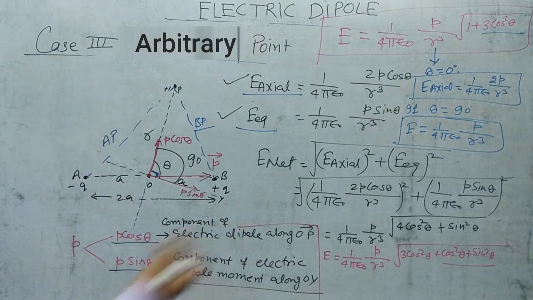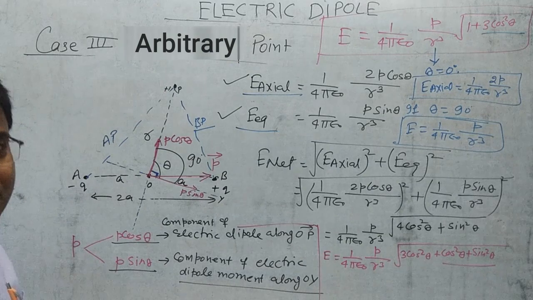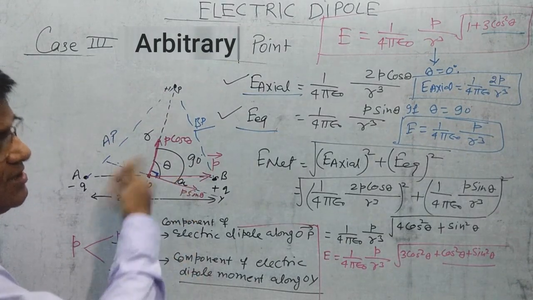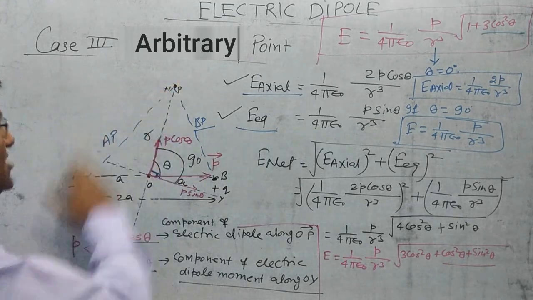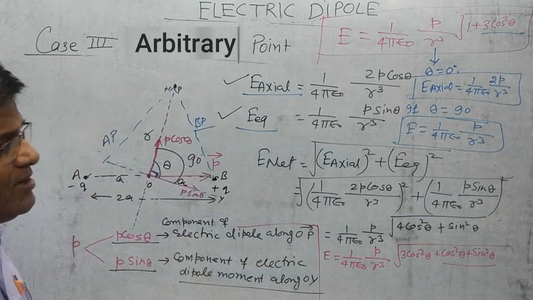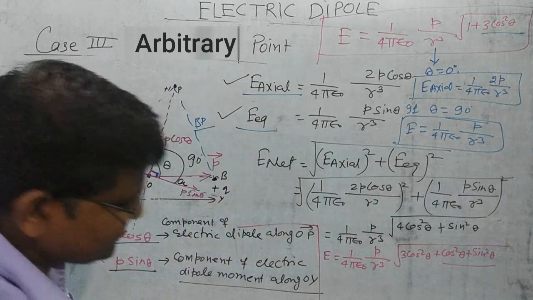But it is a little confusing and more difficult, that's why I am not using it here. But it is simple also, because if you just find the value of AP and BP, then in a single derivation you can derive all these things.